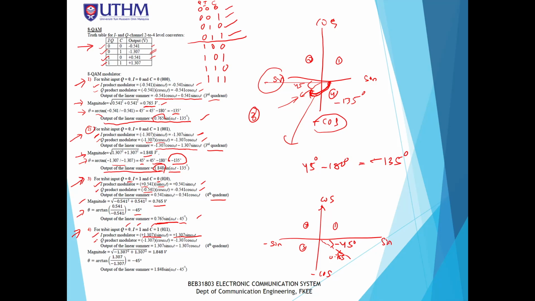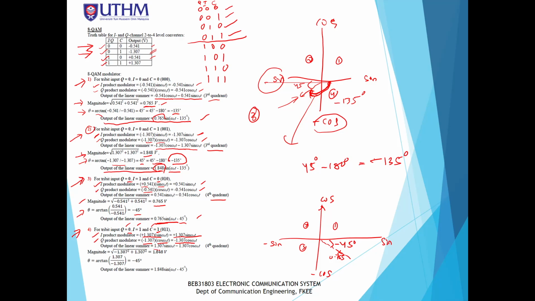Whereas for the Q channel, it would be 0 and 1. So 0 and 1, the output of the level converter would be the second row. It will produce negative 1.307, and then we multiply with cos function in the product modulator, and it will produce negative 1.307.